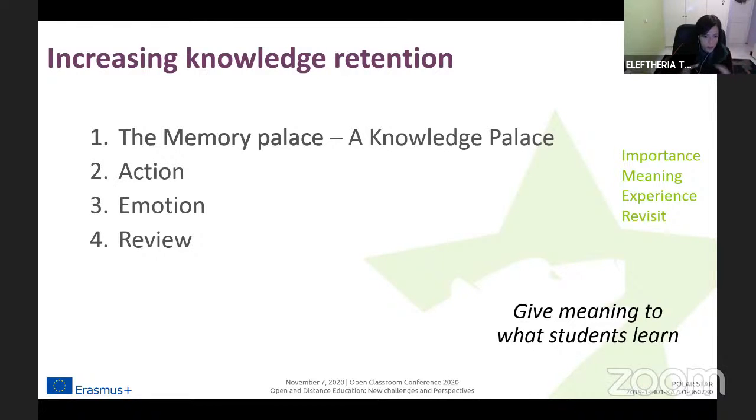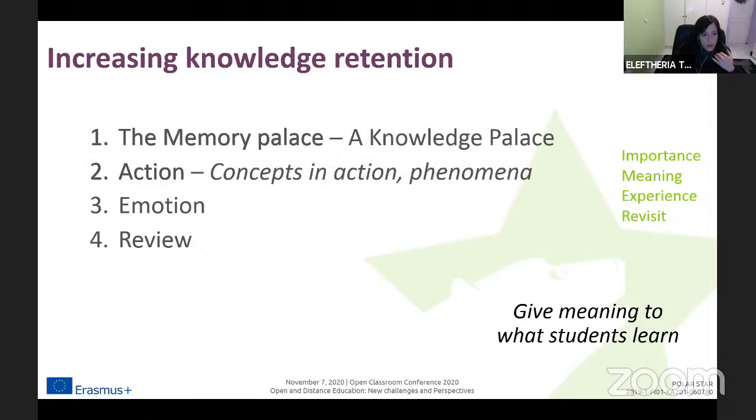So a knowledge palace, some kind of structure that has placeholders like the rooms in a house in which we can store concepts and memories. When it comes to action, in the science class, that translates to concepts in action. So looking at concepts through different phenomena, through connections with other concepts, through everyday life.